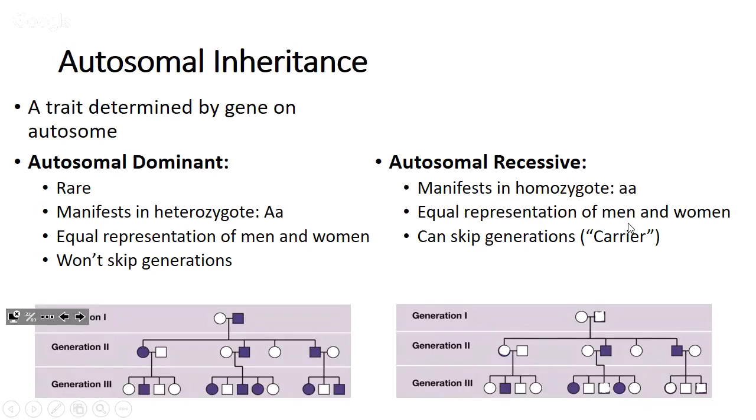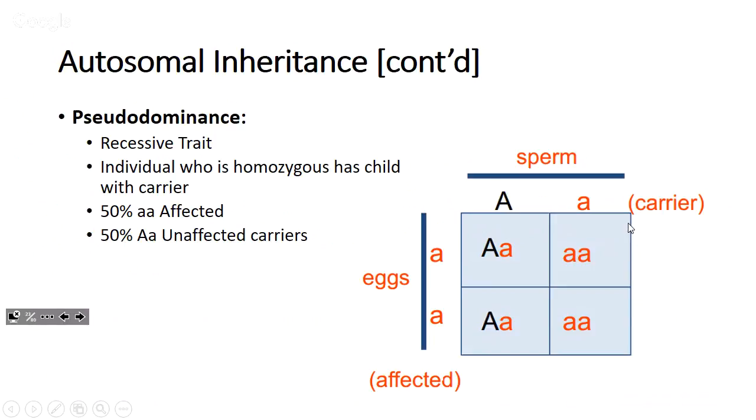Recessive can skip generations because you can have a carrier state in a heterozygote. So the heterozygote will have the dominant trait in one of their chromosomes from one of their parents, and they'll have the recessive trait in the other set of chromosomes, and they're going to be a carrier. They're not going to express this trait, but they're going to be able to transmit the trait to their future generations as long as they also mate with another heterozygote who's also a carrier.